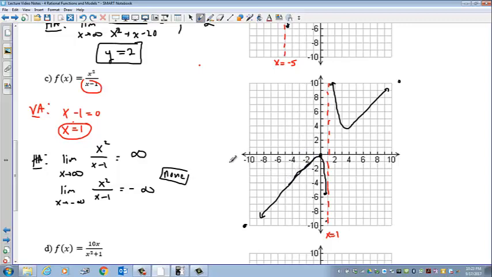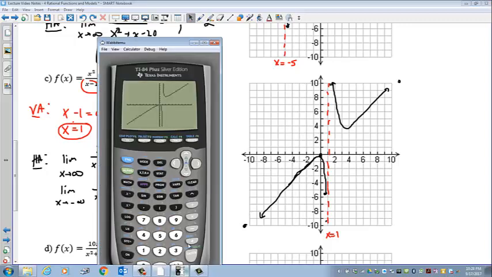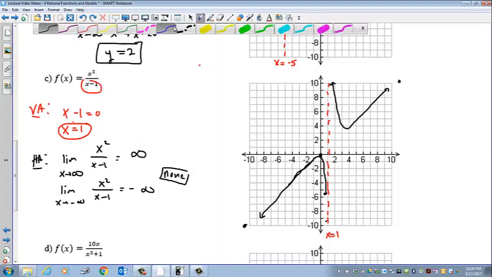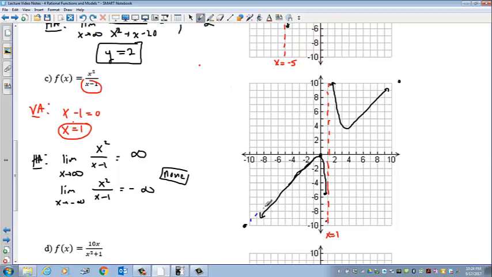So this one's kind of funny if you think about it. When you look at the graph on your calculator, you kind of notice this has a sort of funny line right here. This is actually what's called an oblique asymptote. We're not going to talk about them too much. I'm not going to stress them, but there's a line right here that it actually approaches.